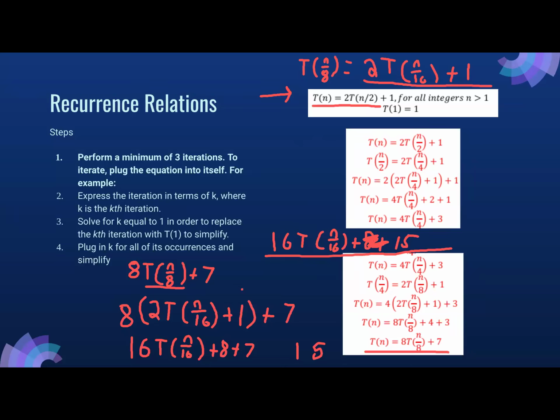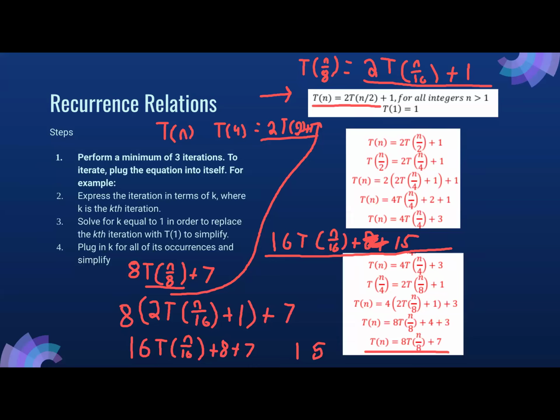So essentially what we're saying is, hey, we have 8t n over 8 plus 7. Well, how do we expand this? Well, we know that if we plug in, for example, t of 4, that's going to equal 2 of t of 2 plus 1.